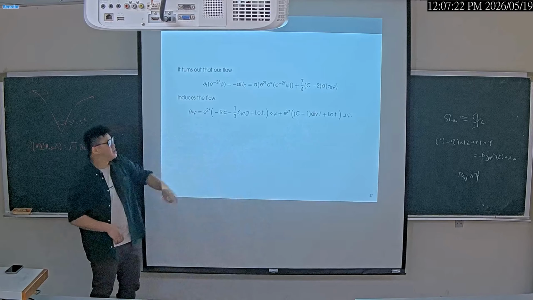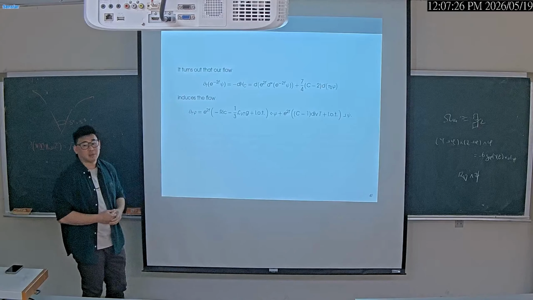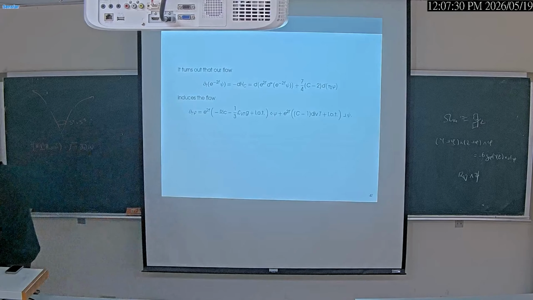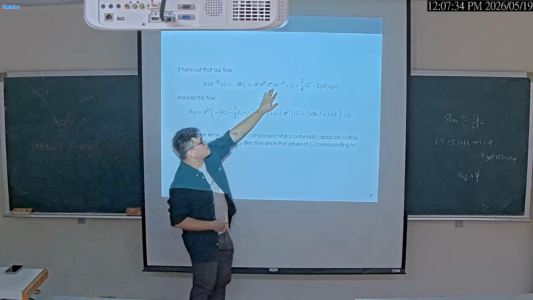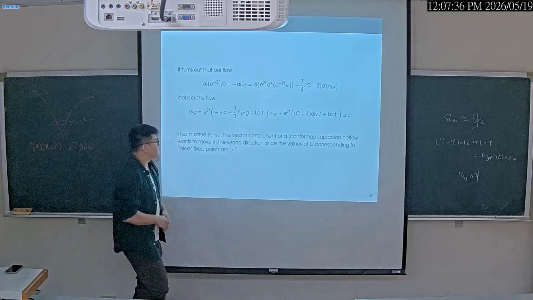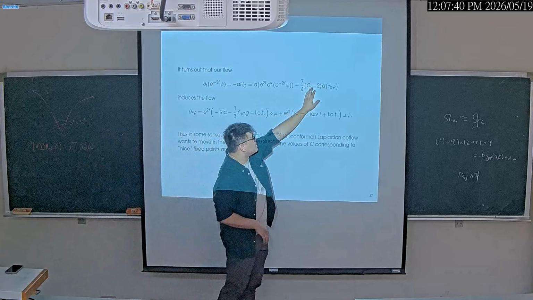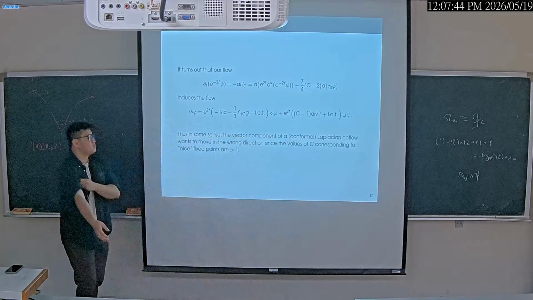So this is where all the c less than 1 conditions keep coming up, right? So it seems that if you want your flow to look like something involving a Laplacian, then the vector component without modification terms generally wants to move in the wrong direction. So this is something that needs to be overcome somehow.